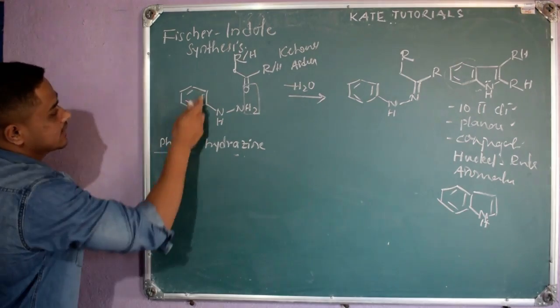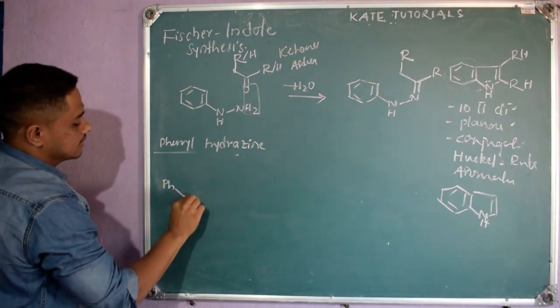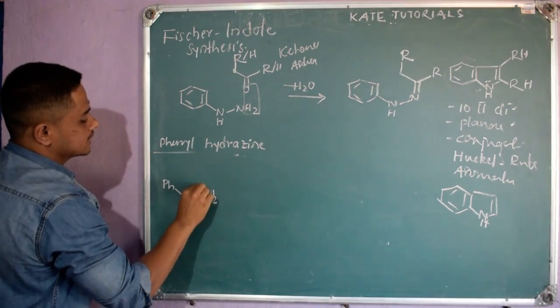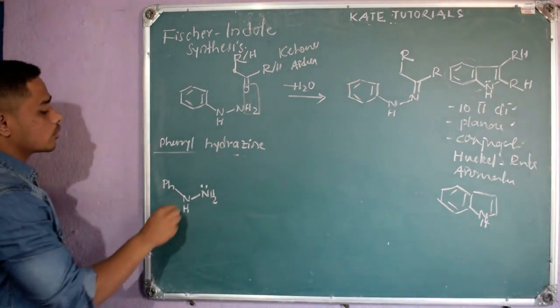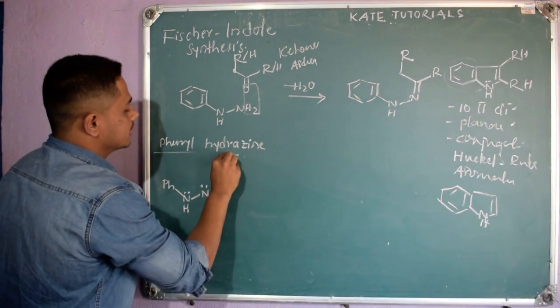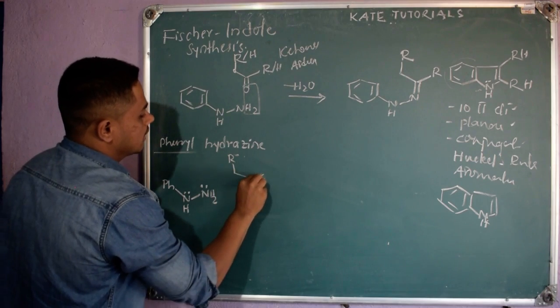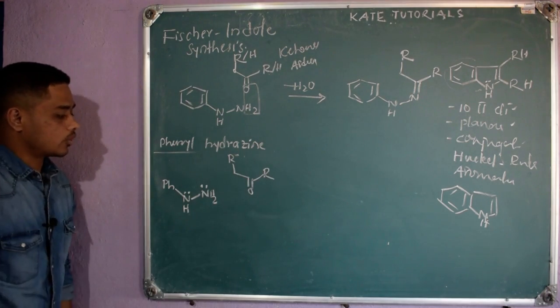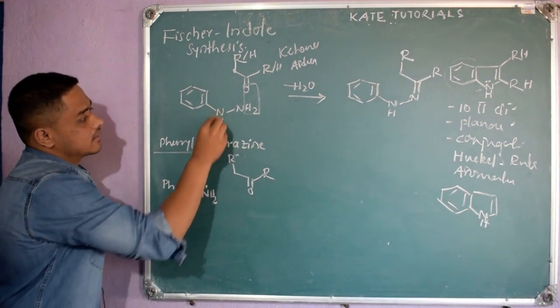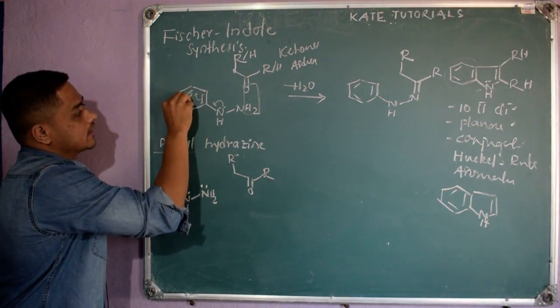So instead of writing this benzene ring, I will write simply Ph NH NH2, like this, and this NH2 will have a lone pair and this also has a lone pair, right? And here I will have R CH2 CO R, right? So what happens, this lone pair will be involved in resonance with this benzene ring, right?